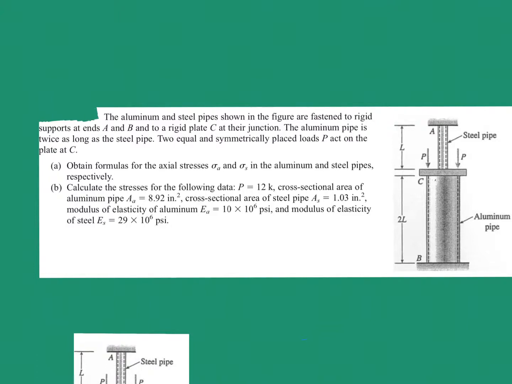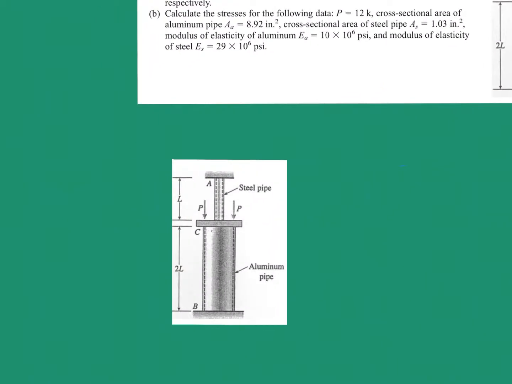A rigid body won't have relative displacement. You take any two points in the body, there won't be any relative deformation. Makes sense? So we don't have to consider the Young's modulus and all those properties of this rigid plate which is seen over here. Makes sense? Now let's move ahead and see how we can solve this problem.